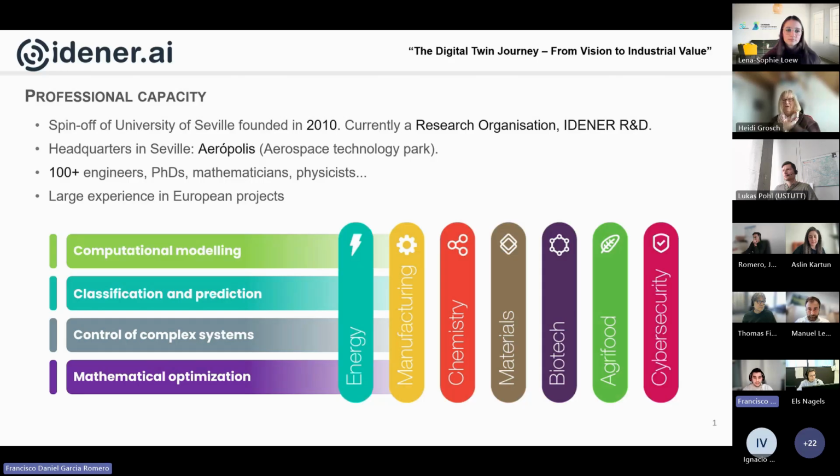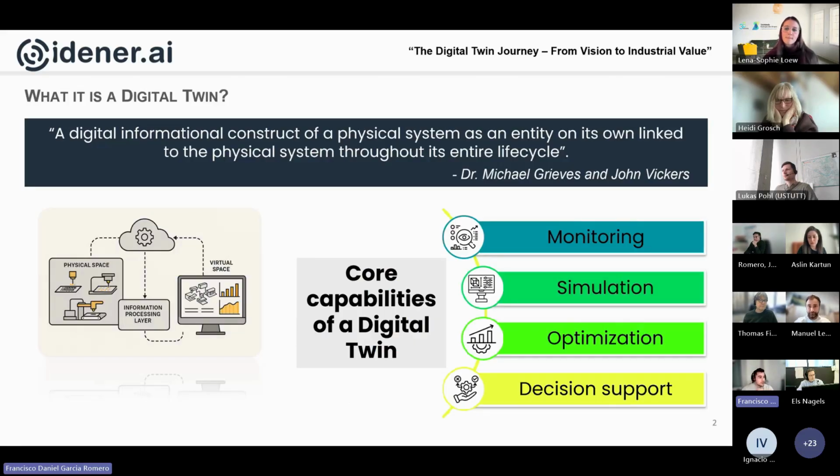All of this is embedded in the digital twin. So that's one of the things we do in IDENER, and we apply this in several sectors: energy, chemistry, materials, and so on.